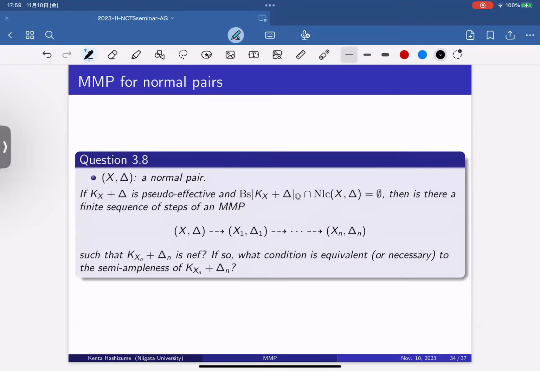So this is the result on MMP for normal pairs: if (X, Δ) satisfies this condition, then we can construct a finite sequence of an MMP such that K_X + Δ is nef.